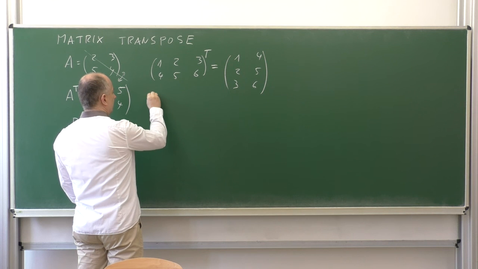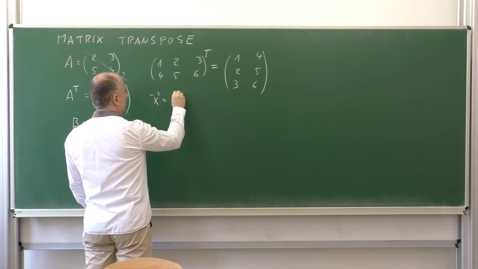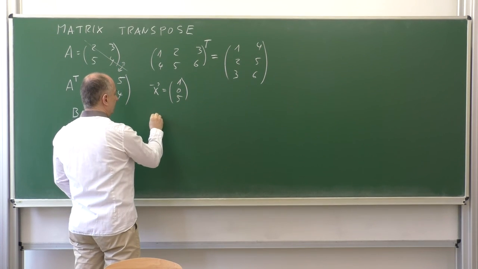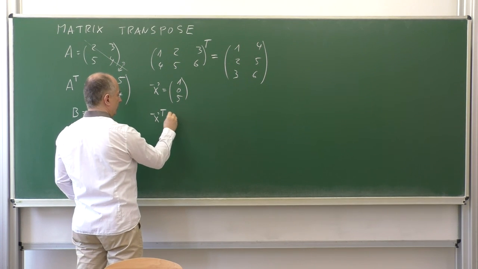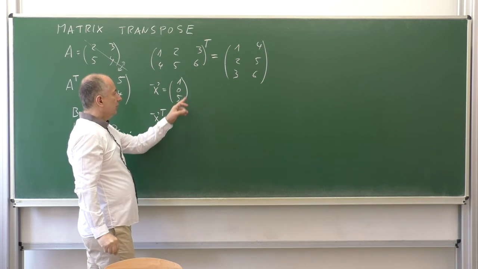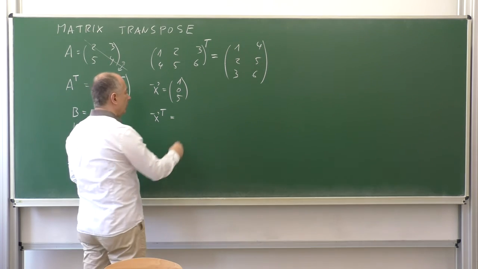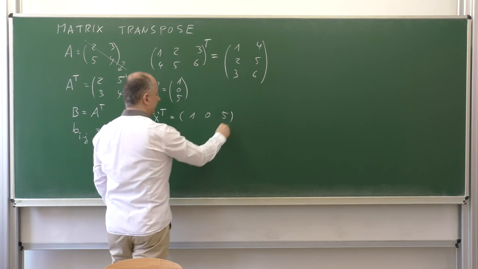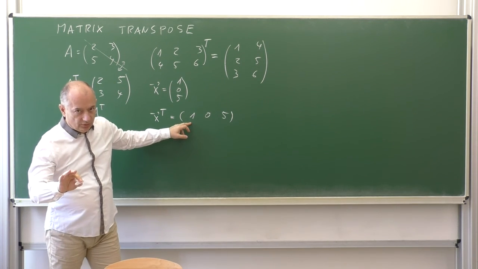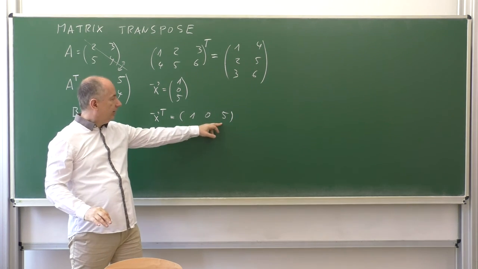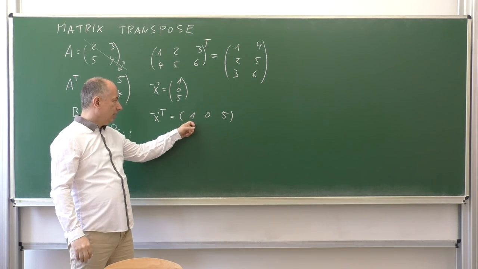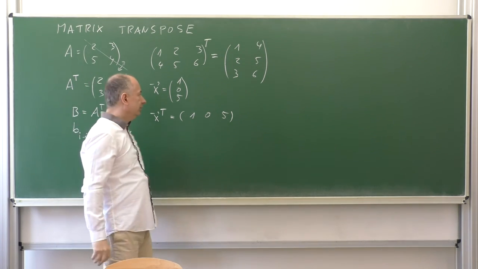So if we have a vector x arrow, say with coordinates 1, 0, 5, then the transposition of this column vector will be a row vector 1, 0, 5. This is not 105. These are just 3 isolated elements, 1, 0, 5, right?